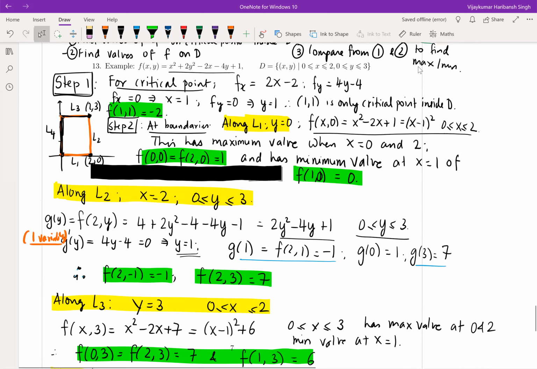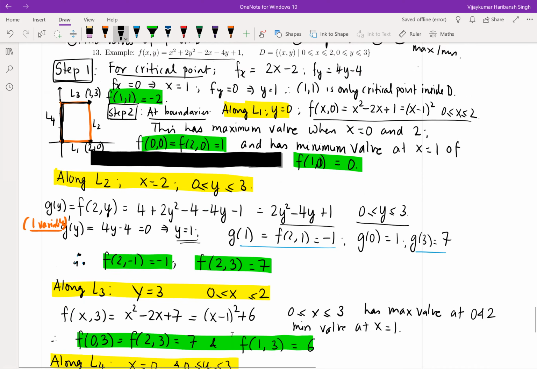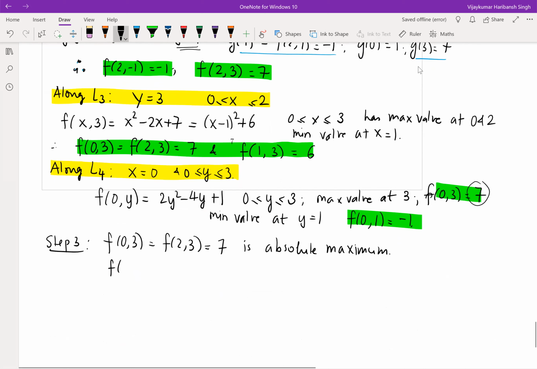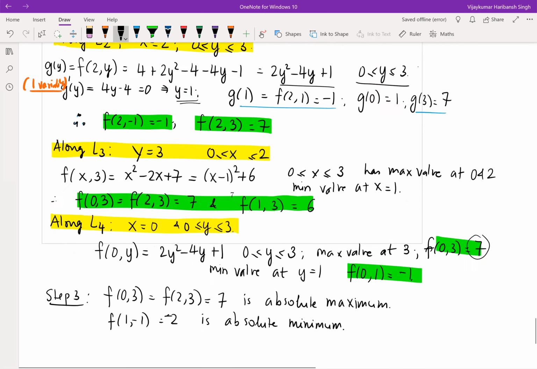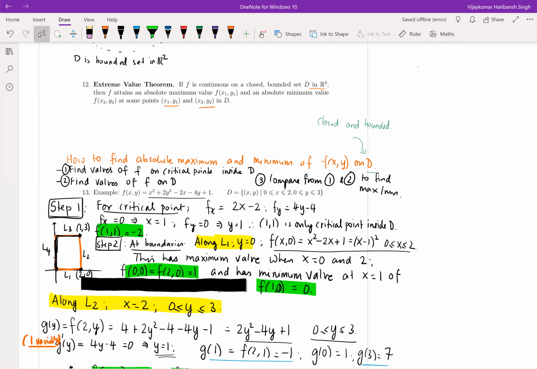We have the lowest, -2. This goes only to -1. Okay, so it seems like -2 is the least value, which happened at the critical point, right? So f of 1, -1 equals -2 is the absolute minimum. So this is how we find the absolute maximum and minimum of a function.